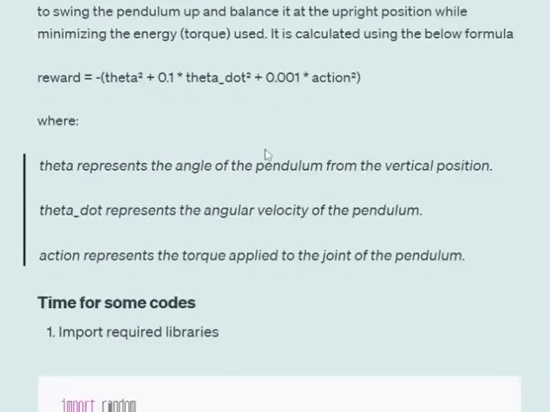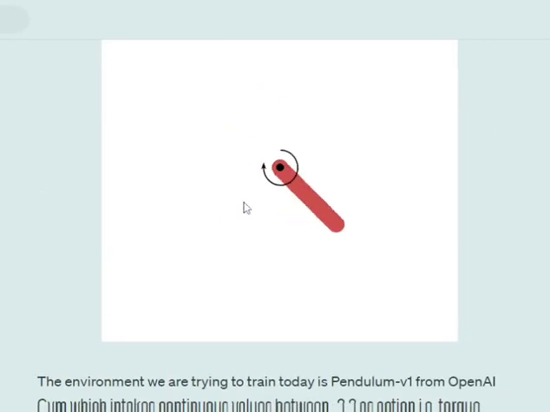If you look into the reward function, it is minus theta square plus 0.1 into theta_dot square plus 0.001 into action square. And here you can understand what theta_dot and action are. The goal of the whole environment is to keep the pendulum upright and as straight as possible.